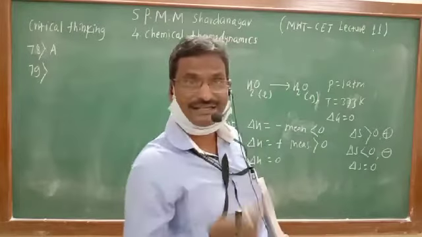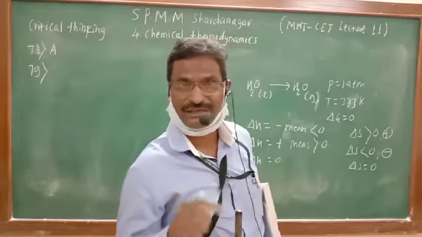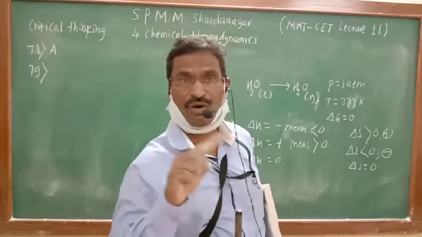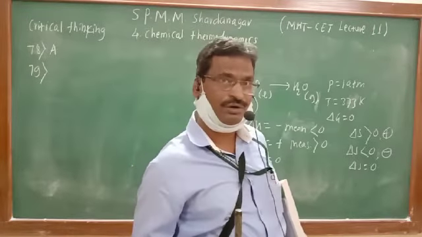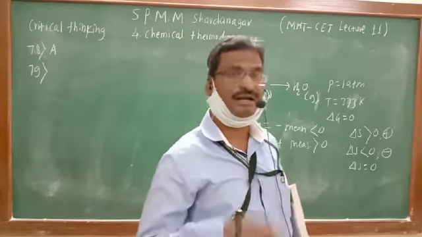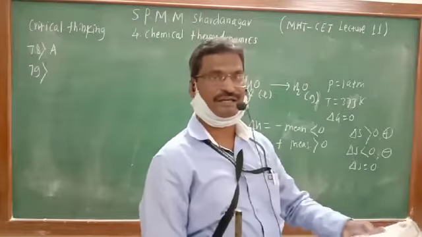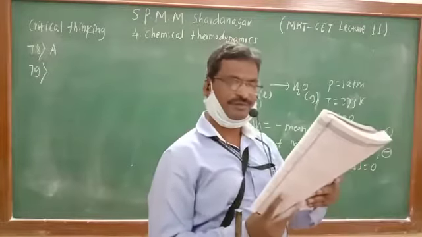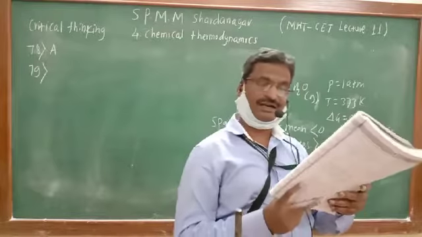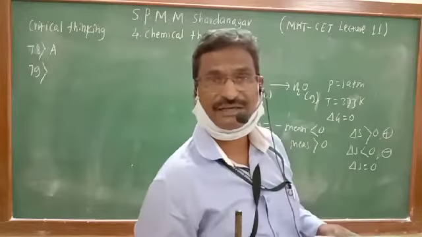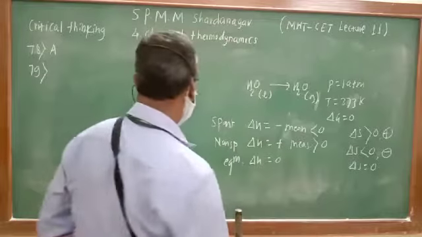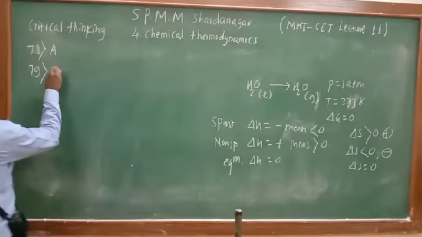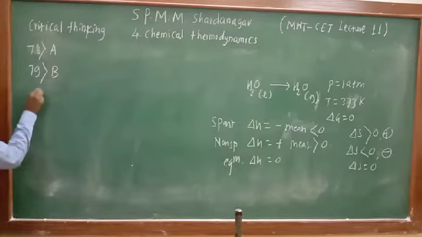Delta G greater than 0, is it spontaneous or non-spontaneous? Non-spontaneous. Delta G less than 0, spontaneous. Greater than 0, non-spontaneous. But here they have given delta G greater than 0 and the process is spontaneous. So that is wrong, and we have to identify the wrong statement. Therefore, option B is correct.